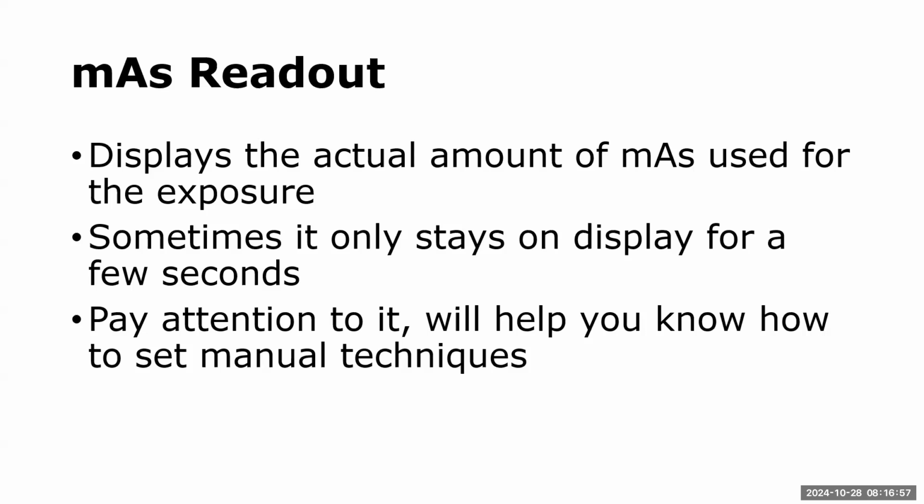But at this point, what I want you to start doing is, as you're using the AEC out there in clinic, pay attention to the fact that as soon as you make your exposure, an mAs value will pop up. And that's the actual mAs value that you got based upon how long your exposure time lasted. So it displays the actual amount of mAs used for the exposure. Sometimes it only stays on display for a few seconds. So some of your equipment, it'll flash up there and then it'll be gone. Other equipment, it'll stay on there until you set up for your next picture.